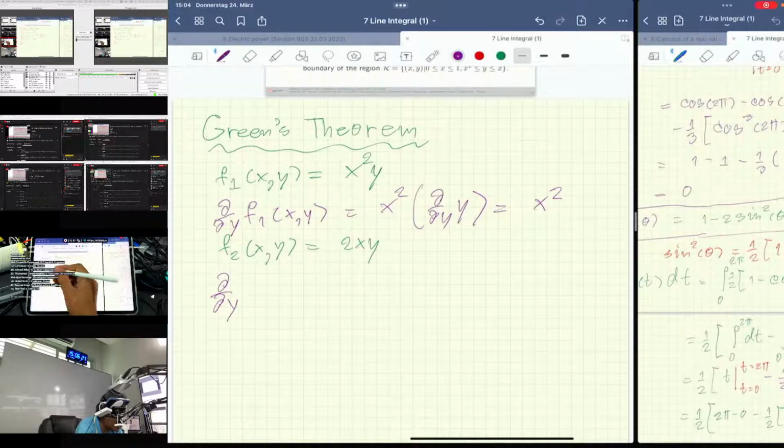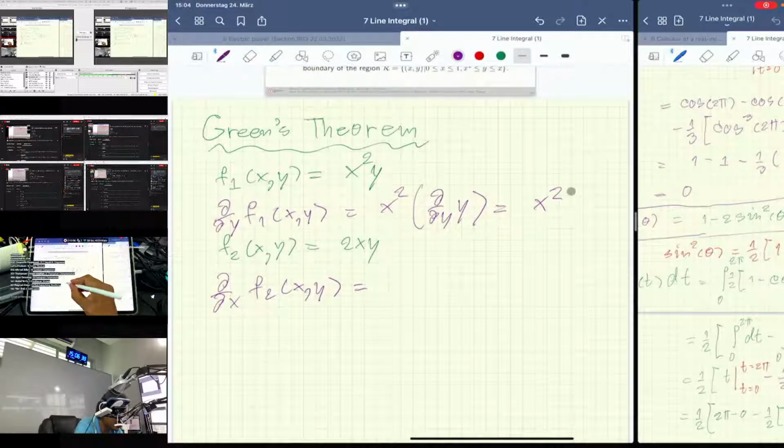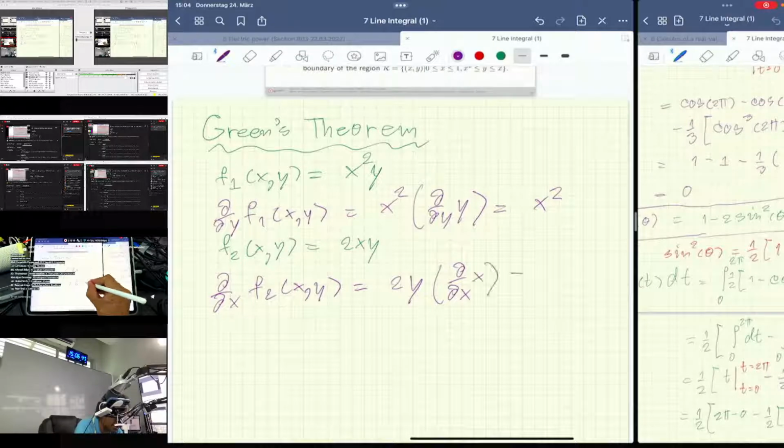Partial derivative with respect to x of f2, sorry, f2 xy will be 2y, partial x of 2xy, and that is 2y, right?